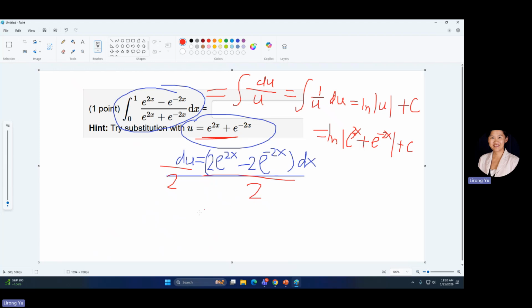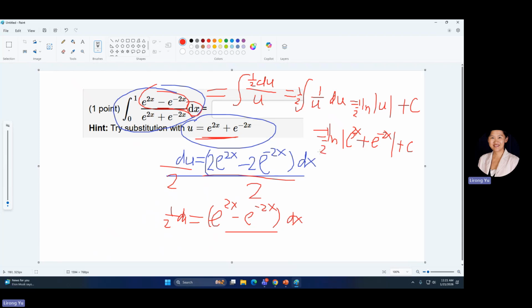If you divide both sides by 2, the right side would be e to the 2x minus e to the negative 2x dx, and because we divided out the 2, the left side is going to be 1/2 du. So the numerator times that is equal to 1/2, a 1/2 that we bring to the outside of the integration. So the final answer should also have a 1/2.